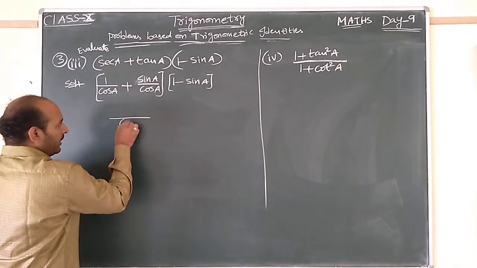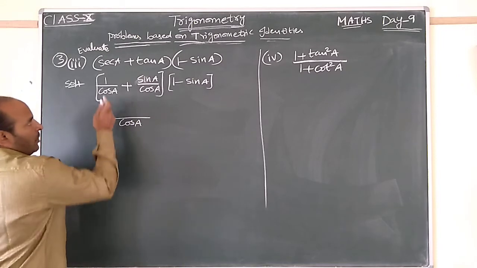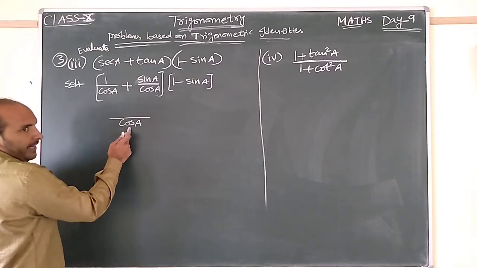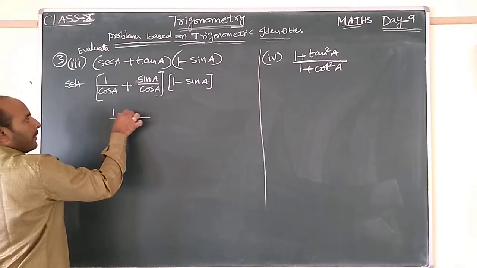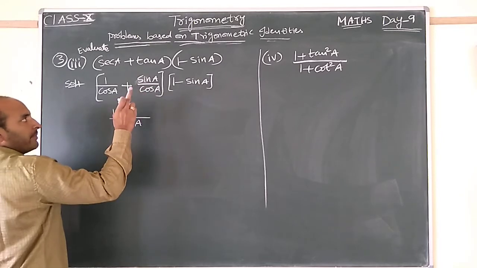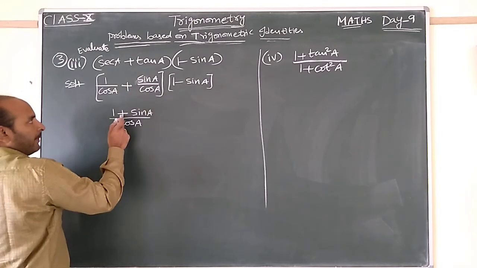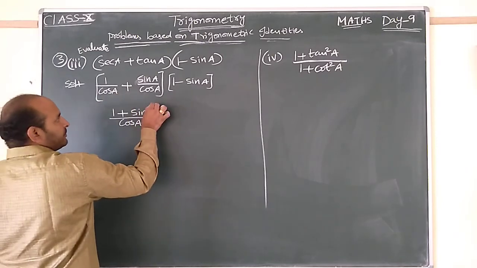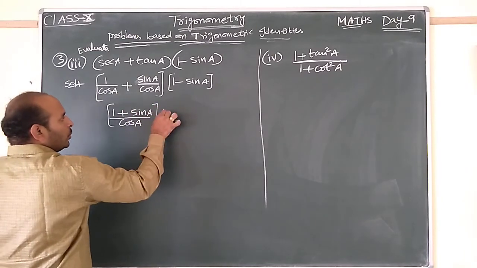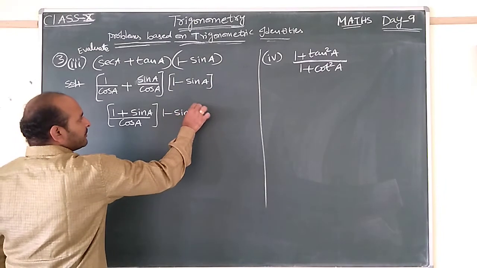LCM is clearly cos A. So cos A into cos A, that is one time, 1 into 1, 1 plus, and again cos A, one time cancels, 1 into sin A. That means (1 plus sin A) into (1 minus sin A).